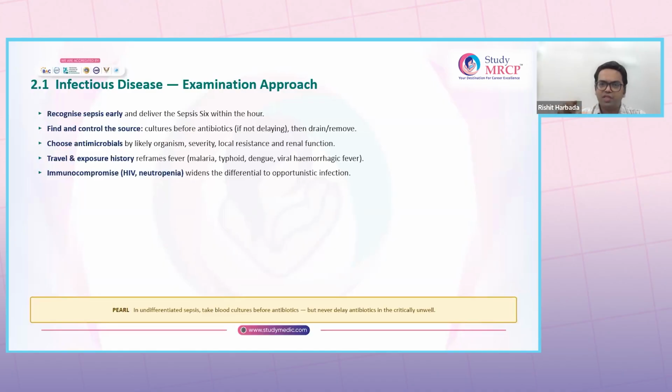In the qSOFA, which is a very small SOFA, you have 3 things: a BP less than 100, a respiratory rate more than 22, and altered mental status when the GCS is less than 15. qSOFA is only a screening test.